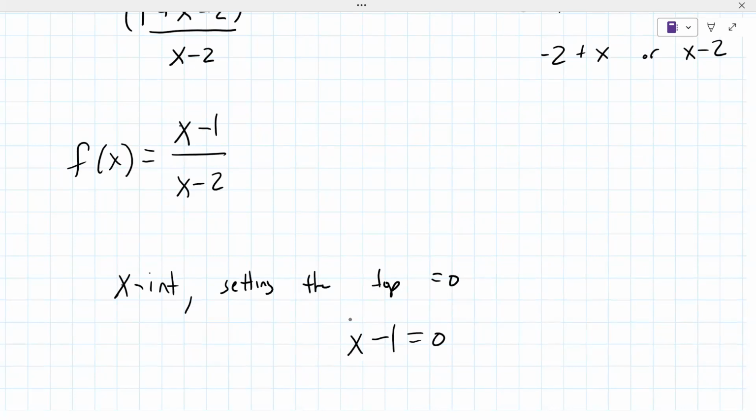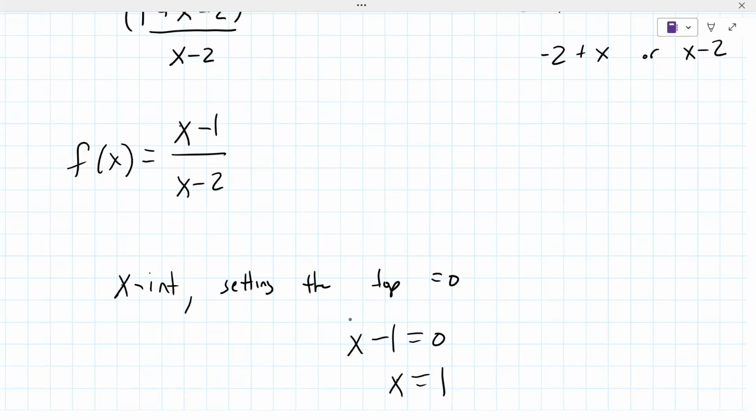So could you solve that for x for us, please? X equals one. All right, x equals 1.